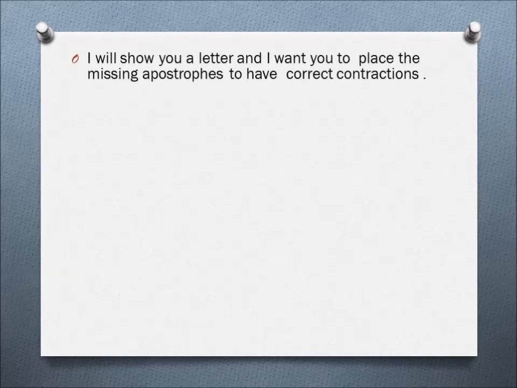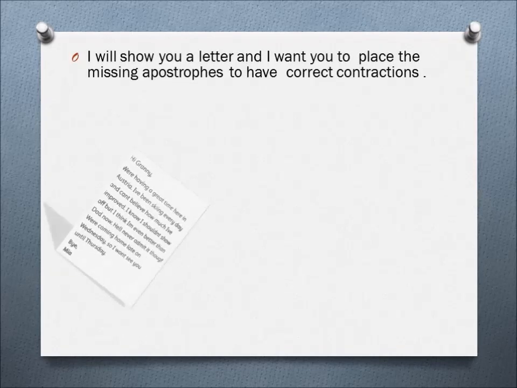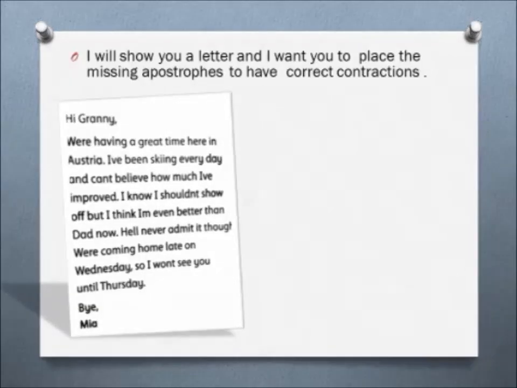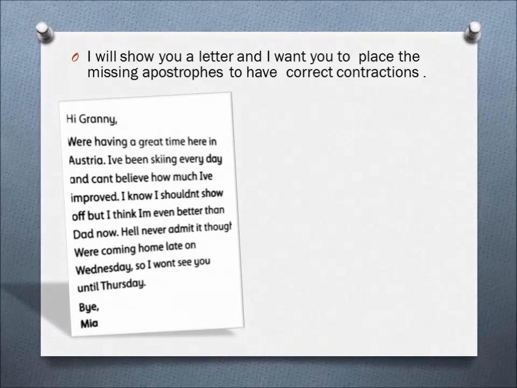Now, I'm going to show you a letter, and I want you to place the missing apostrophes to have correct contractions, and then we can see the letter in an informal way. This is a letter from Mia to her grandmother. Hi Granny, we're having a great time here in Austria. I've been skiing every day.